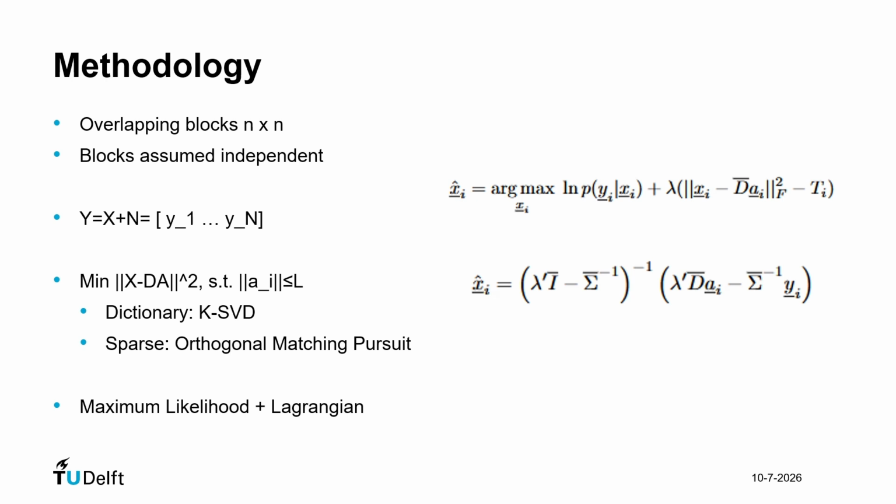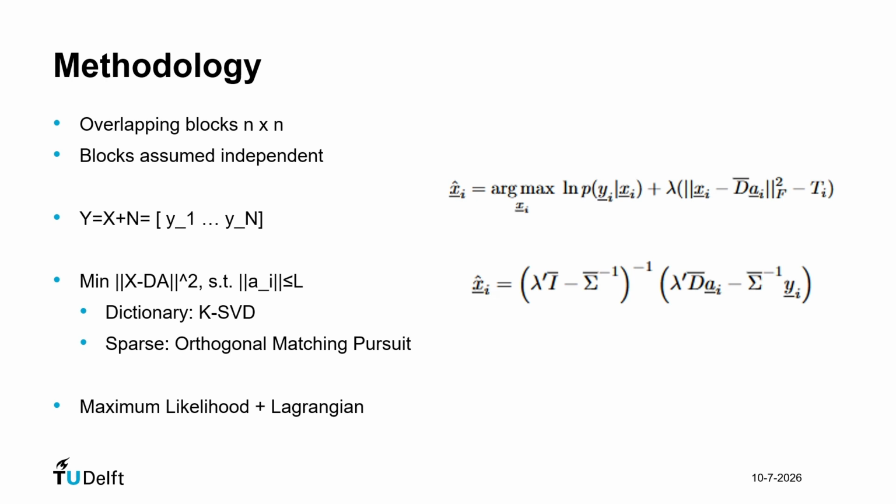For this dictionary learning, we will apply the KSVD method, in which we will find the sparse vectors using the orthogonal matching pursuit method.